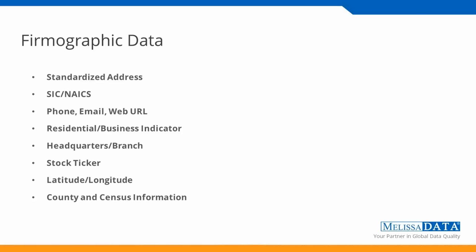And of course, geographically speaking, for location, you get the latitude, longitude. This is rooftop level information, so you get the most accurate information for the lat long. If you do decide you want to map your business information somehow, and then your county and census information, which is pretty much standard with geolocation as well.